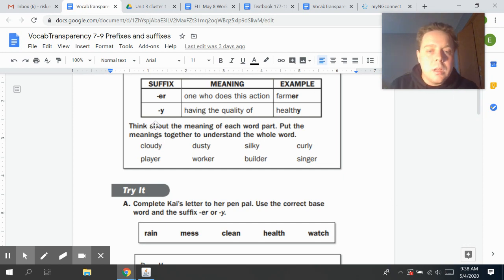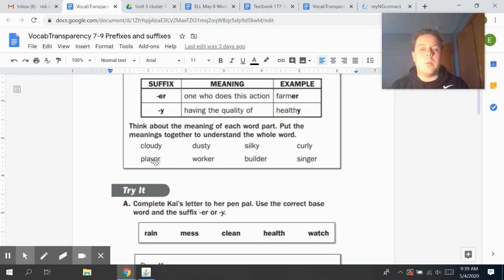Think about the meaning of each word part, and put the meanings together to understand the whole word. Cloudy, so there's lots of clouds outside. It's cloudy because the weather has the quality of having lots of clouds. Player, somebody who plays.